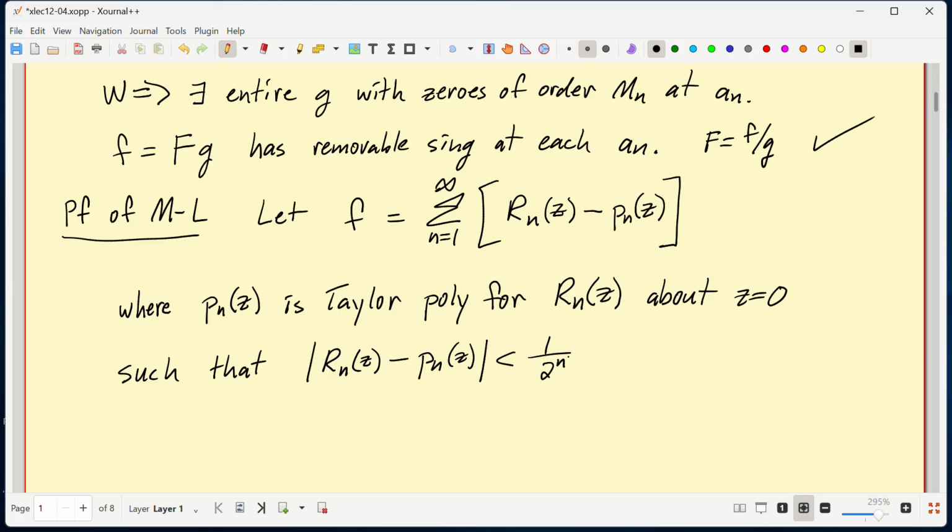The sum of 1 over 2 to the n converges, so I'm going to use the Weierstrass M test. You can't have that everywhere because Rn has poles, but we can have it on a disk of radius Rn about 0. Let's make it on the closure, why not?